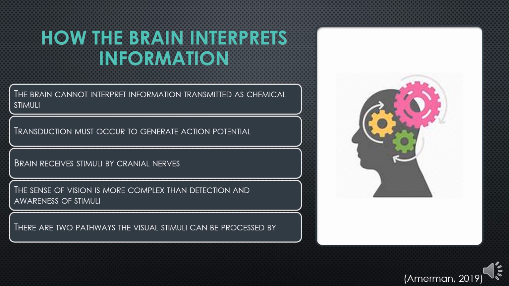From the primary cortex, the visual information can be sent into two pathways, either the posterior or anterior pathway. The posterior or dorsal pathway involves the parietal lobe and is associated with interpreting motion. The anterior or ventral pathway ends in the inferior portion of the temporal lobe and is associated with processing color and forms of objects.